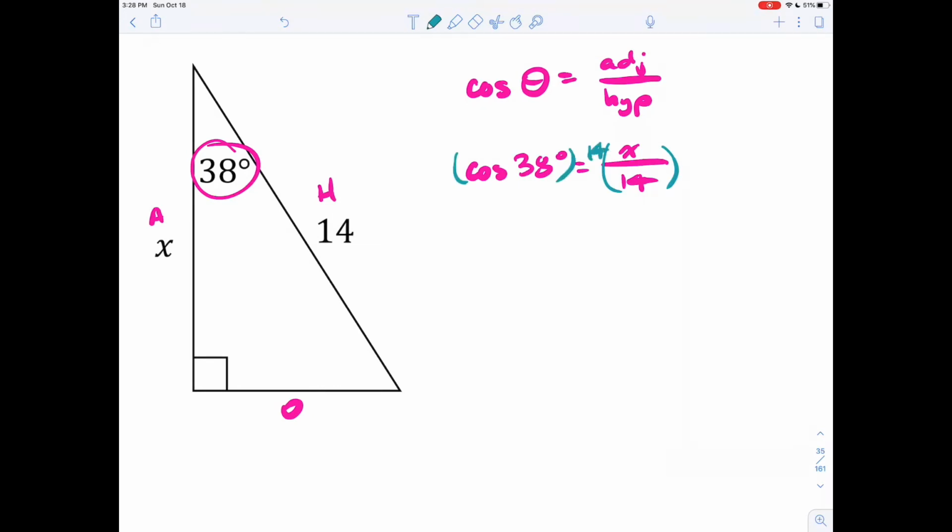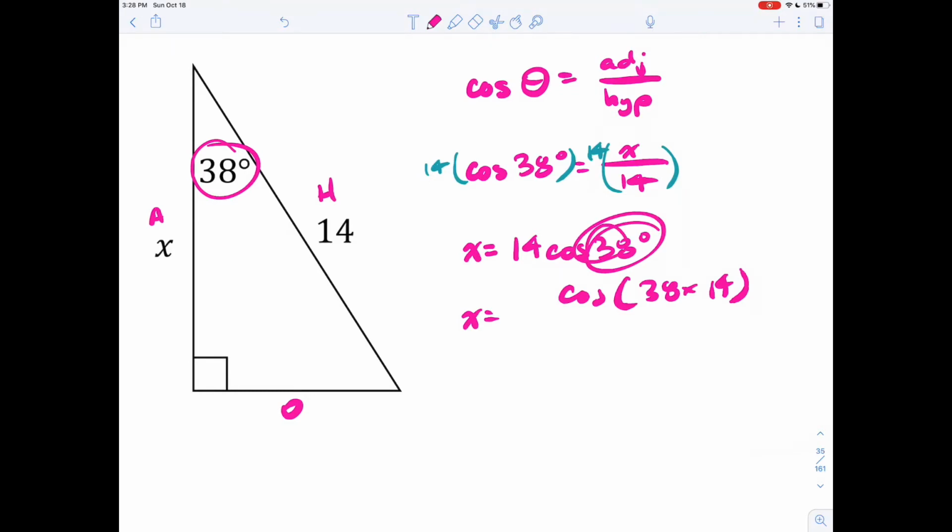If I really want to isolate x, which I should want to do, I'll multiply each side by 14. So I can say that x is 14 times the cosine of 38 degrees. Note, I'm not multiplying 38 times 14. 38 does not exist on its own as a number on this side.